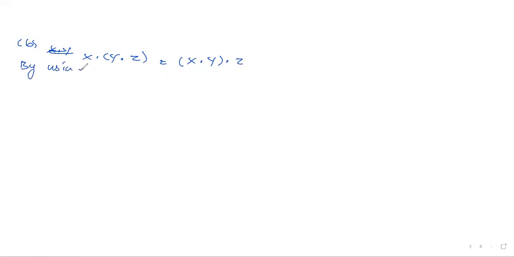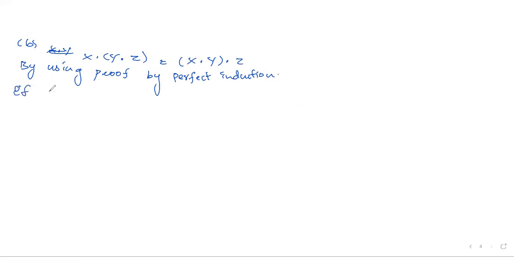By using proof by perfect induction, it means by substituting the possible values, we have to prove this.